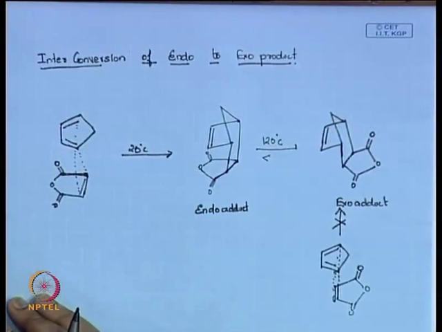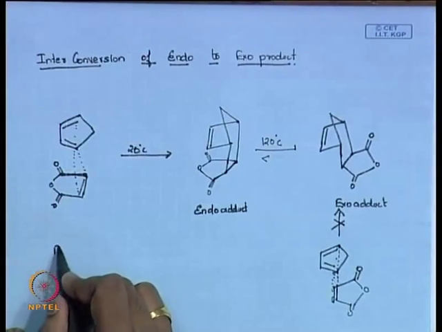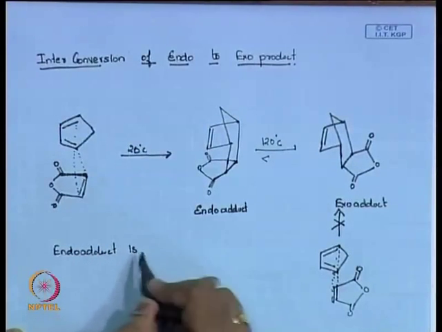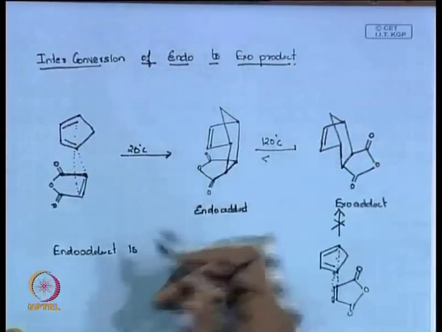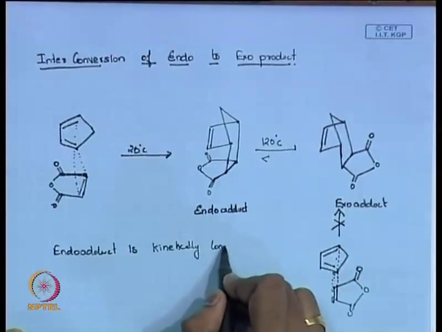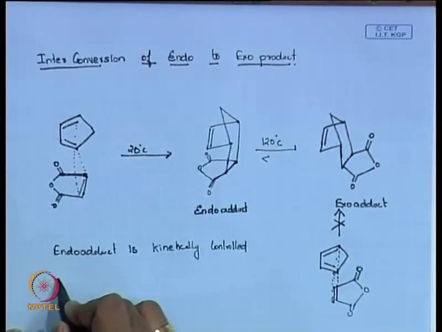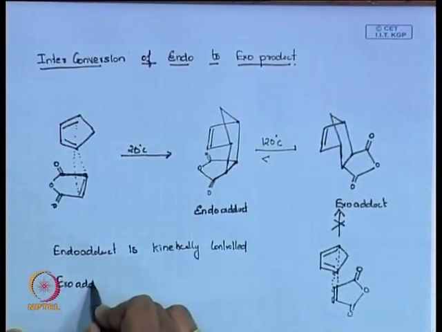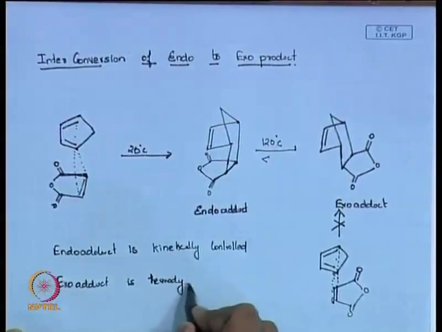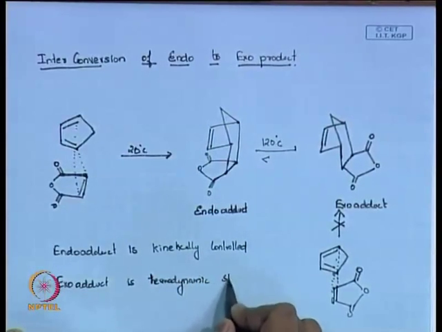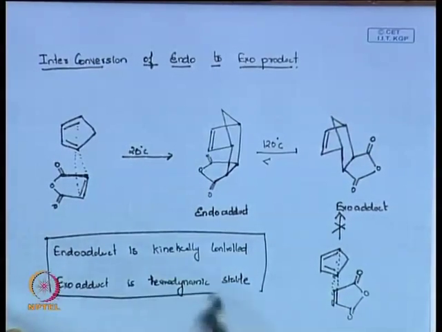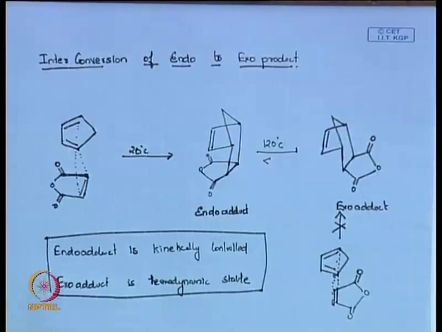So, what does this say? This says very clearly that the endo adduct is kinetically controlled, because that is preferred once you do the reaction, whereas the exo is thermodynamically stable.